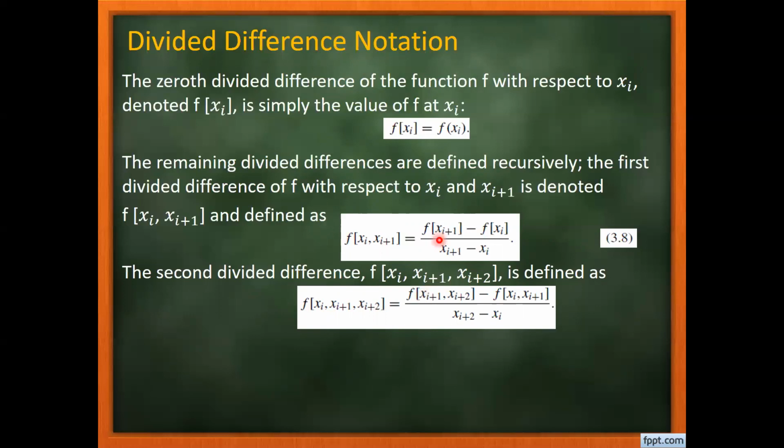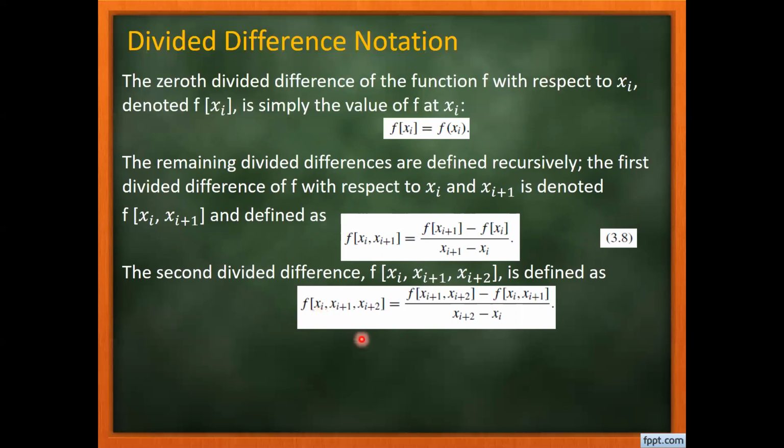If I connect these, the first order divided difference at the ith node was the zeroth order divided difference at the (i+1) node minus that at the ith node. Similarly, the second order divided difference was the first order divided difference at the (i+1)th node minus the first order divided difference at the ith node.